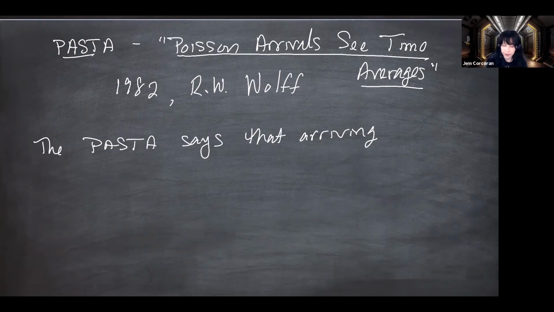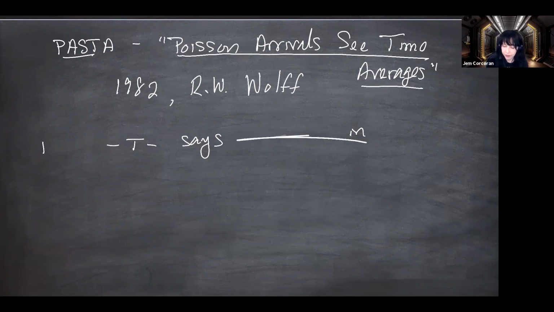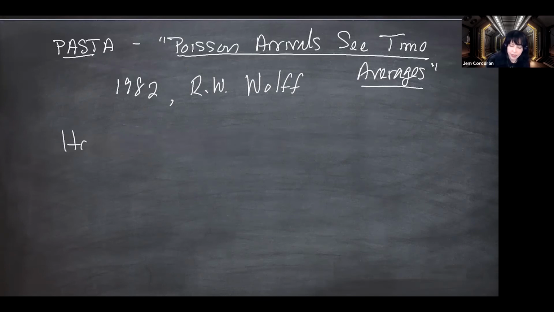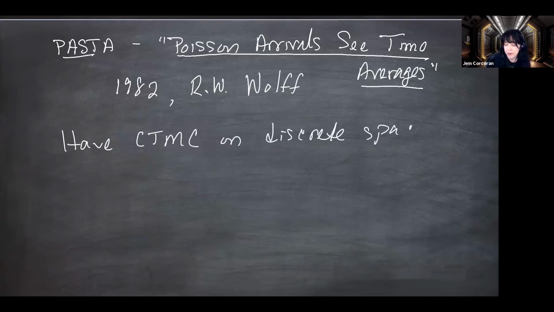So I think I need to set that up before I can say this. We have some kind of continuous time Markov chain on a discrete state space, and we have the external arrival process.